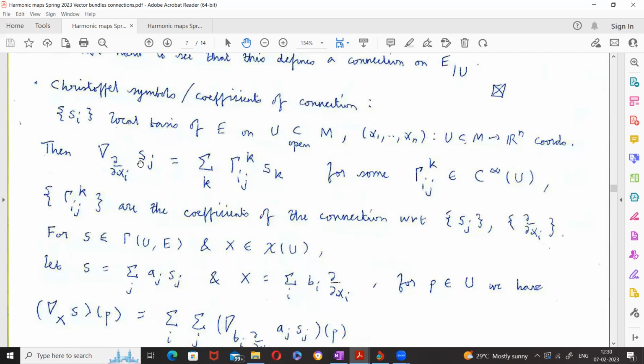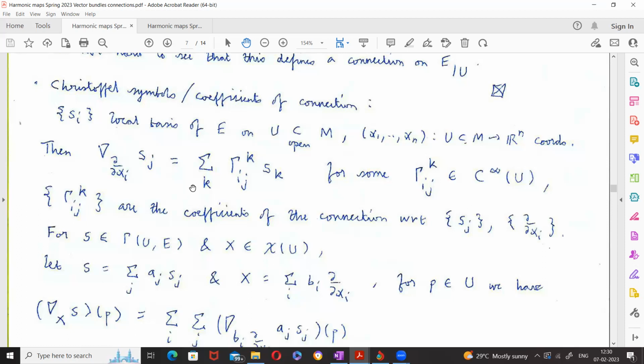So then I can look at nabla del xi of Sj, right? This makes sense because del xi is a vector field on U and Sj is a section on U. So this is going to be, again, a section on U, but any section on U is a linear combination of the local basis of sections, Si.